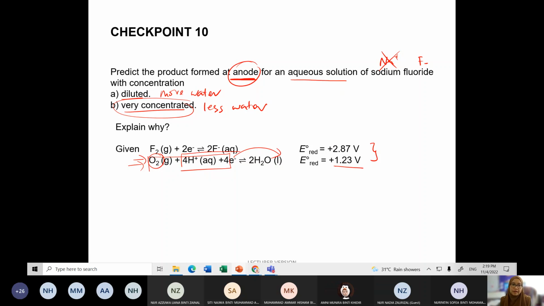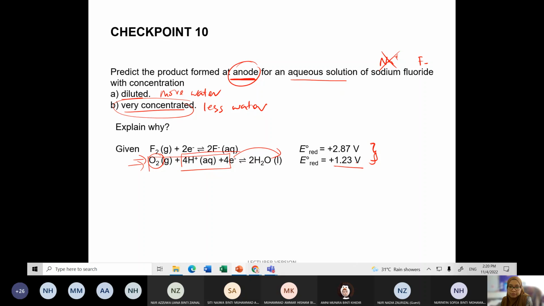That is based on what we have learned so far. So not only the E0 reduction, we have to consider concentration as well. But there is a but. This is only applicable if the difference is not that far.